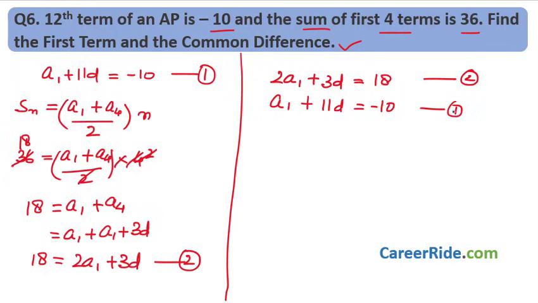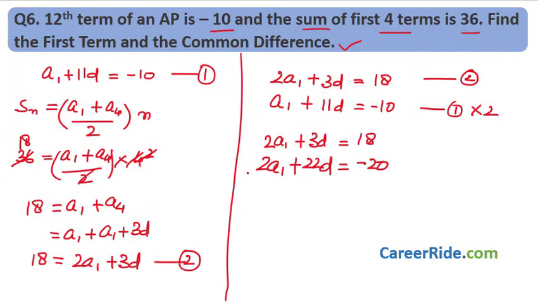So what I'm going to do here is multiply my first equation by 2 so that I'm able to solve this. When I multiply my first equation by 2, I get 2A1 plus 22D is equal to minus 20. And I can just copy my equation number 2 here and it becomes like this.